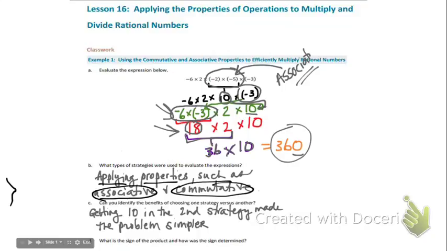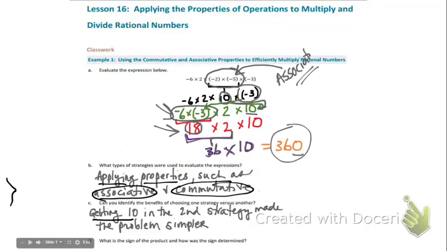Now C, I asked you, can you identify the benefits of choosing one strategy versus another? Well, I liked right here when I got the 10 by multiplying the -2 and the -5. Getting 10 in the second strategy made the problem simpler. And that's just one strategy that I thought made it very easy.